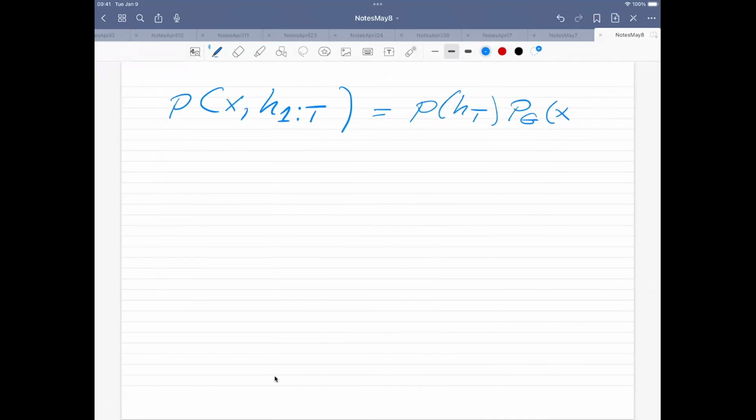So this will be given by p theta of x as a function of h1, but then this needs to be multiplied by a product, which now runs like a p theta, and then I have h of t minus 1, and then h of t, and this goes from t equal 2 up to t.